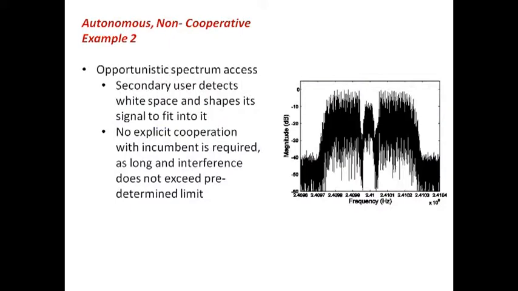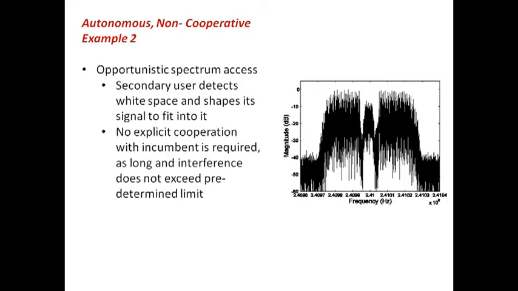Another example of autonomous, non-cooperative, flexible use of spectrum would be the secondary usage of spectrum by detecting a white space and then fitting a signal into that particular white space.